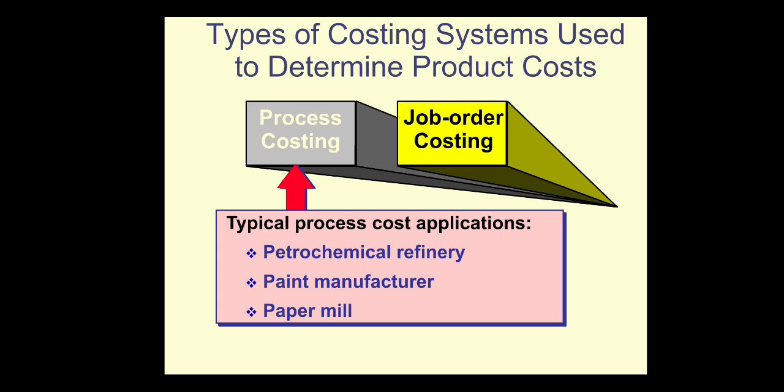How do we calculate the cost per unit or per box of tissue paper? The basic calculation is the total cost divided by the total quantity of tissue paper. So that is about the characteristics of businesses that should use process costing.